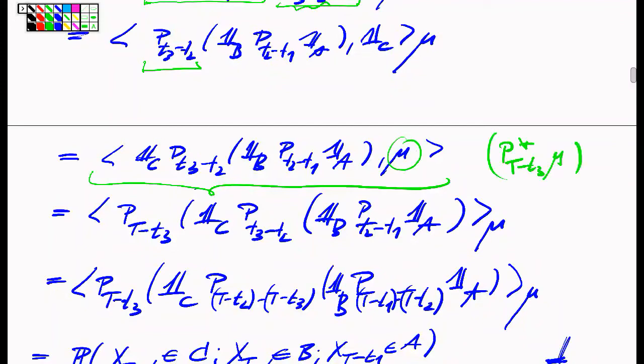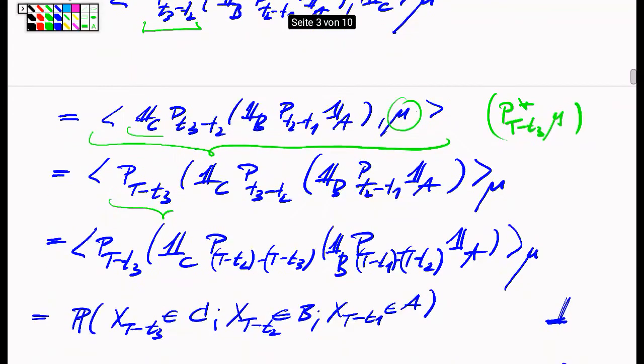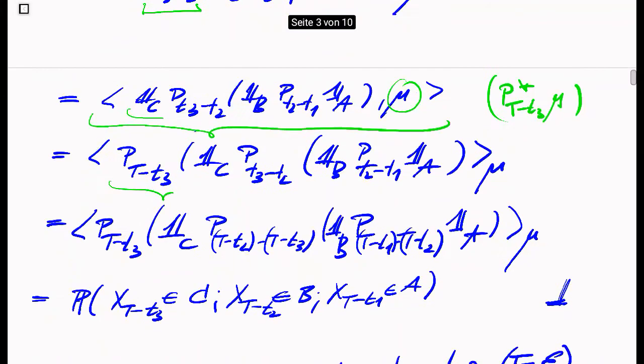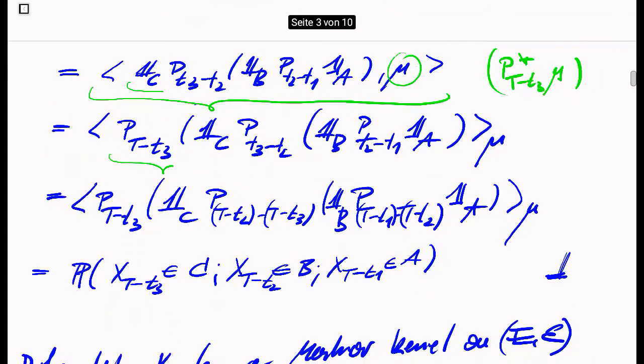And therefore we can hit this whole expression here, which we have in the left-hand side of the bracket, with the operator P for the time capital T minus T3. And then we basically have the full expression that we would like to see.